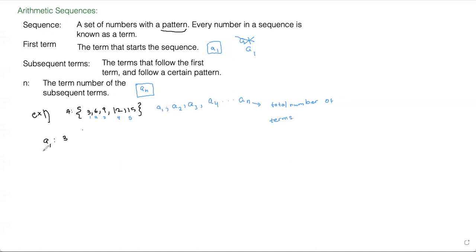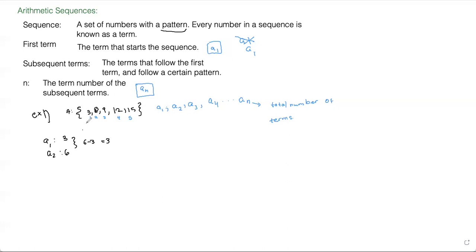Now let's look at the difference between a_1 and a_2. What is a_2? Let's check, a_2 is 6. The difference is 6 minus 3, which is equal to 3.